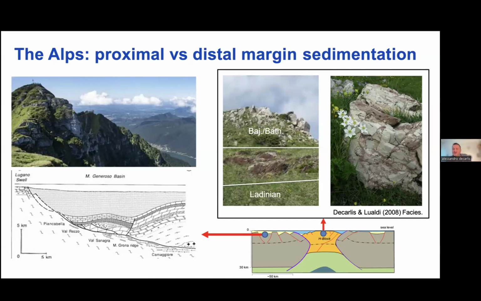During the evolution of the margin, these basins, or let's say their succession, were uplifted because they became part of this central block, the yellow block in the figure, and this led to a complete erosion of this succession.